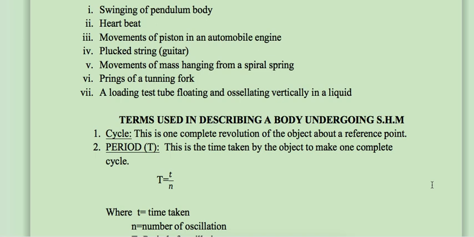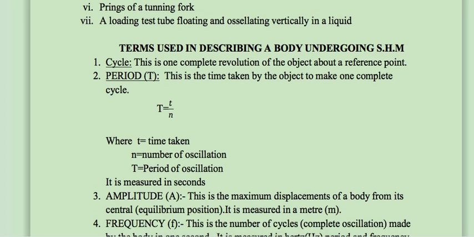Number two is period. The period of a simple harmonic motion is simply the time taken by the object to make one complete cycle, that is, to complete one revolution. The time to complete one revolution is referred to as the period.